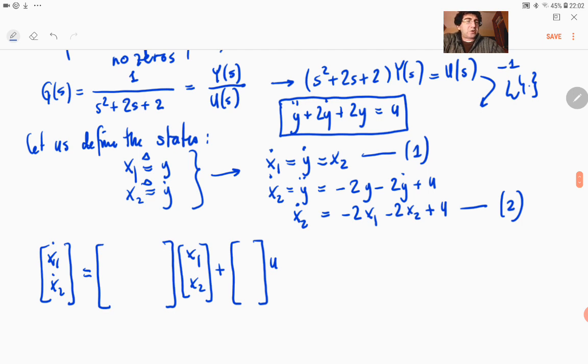If we take a look at the first equation, x1 dot is equal to simply x2 with no input term, and the second equation gives me minus 2 times x1 minus 2 times x2 plus u.